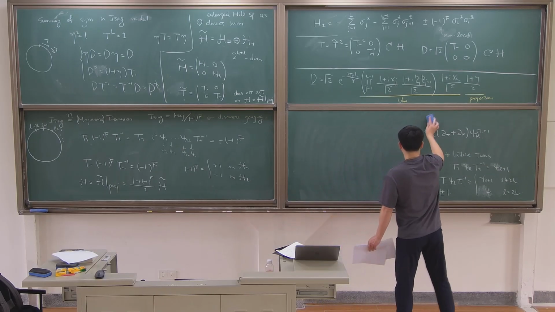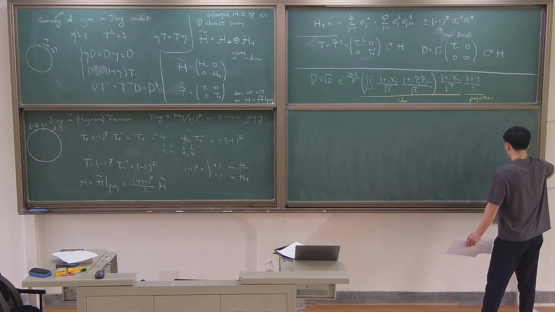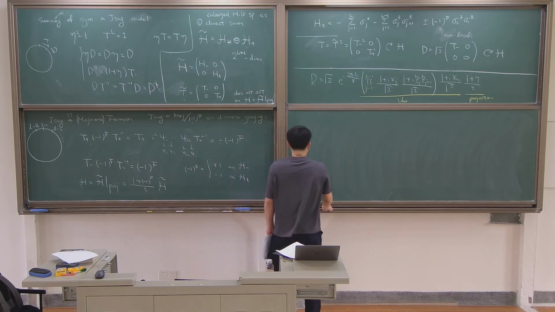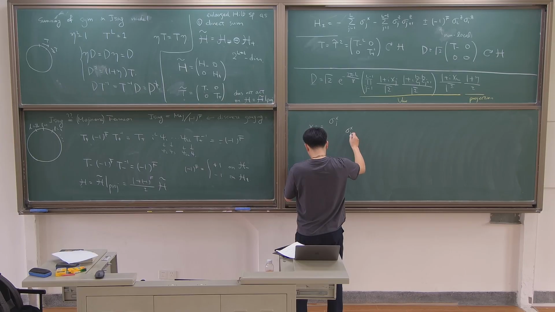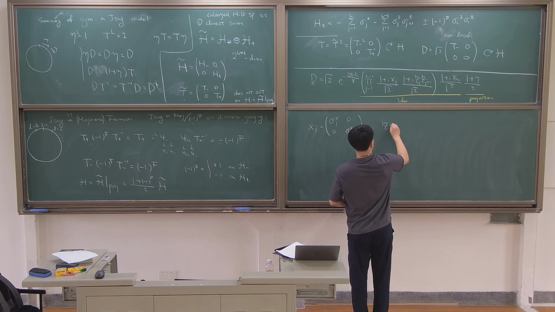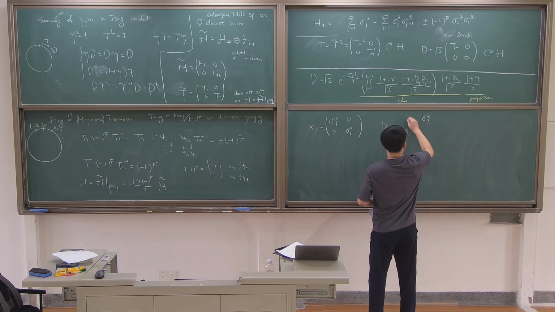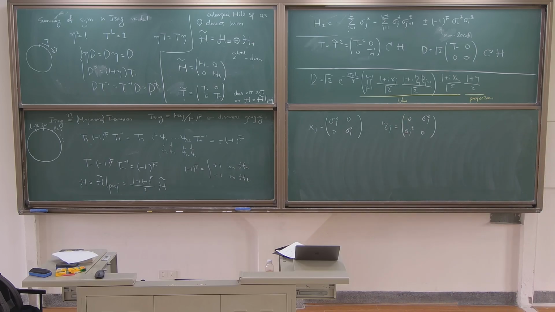So now you see why I use the capital X and capital Z matrices for the Ising model. Capital Xj can be identified with sigma Xj. On the other hand, Zj is sigma Zj.